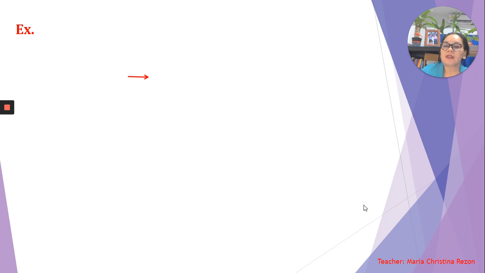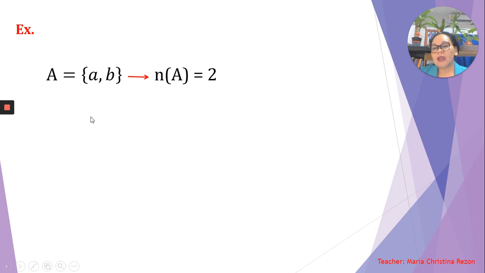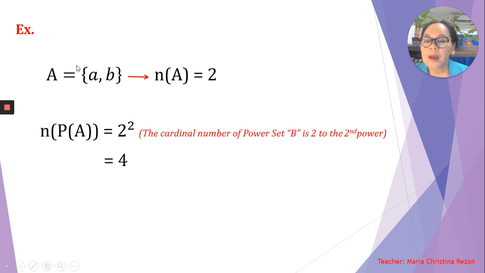Then let's have some examples here. You have A is equal to the set {a, b}, which implies that n of A, or the number of elements of A, is equal to 2. So if you count that, there are only 2 elements here of A. And then our number of elements of the power set of A is equal to 2 squared, or 2 to the power of 2, which is equal to 4.